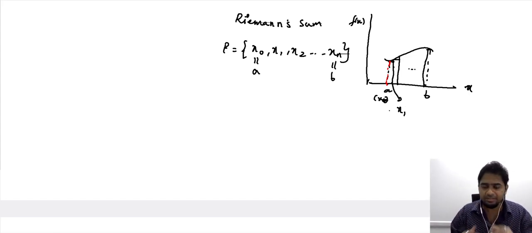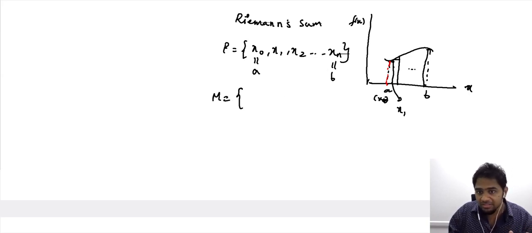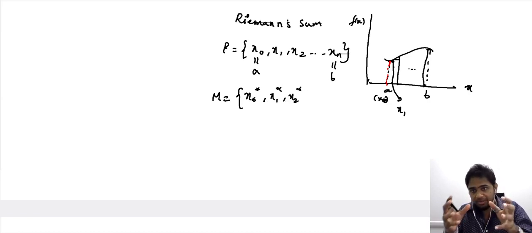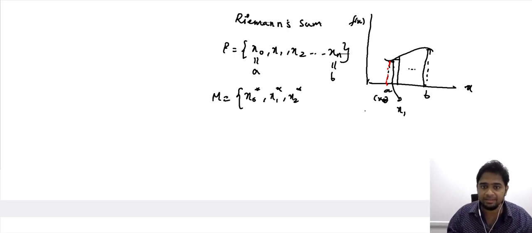So there is a scheme called the midpoint approximation, where in addition to these set of points, we also consider an additional set of points which are the midpoints between x0 and x1, x1 and x2. So these are a separate set of points, and these indicate the midpoints between the points that we have already introduced to partition the area under the curve into rectangles.